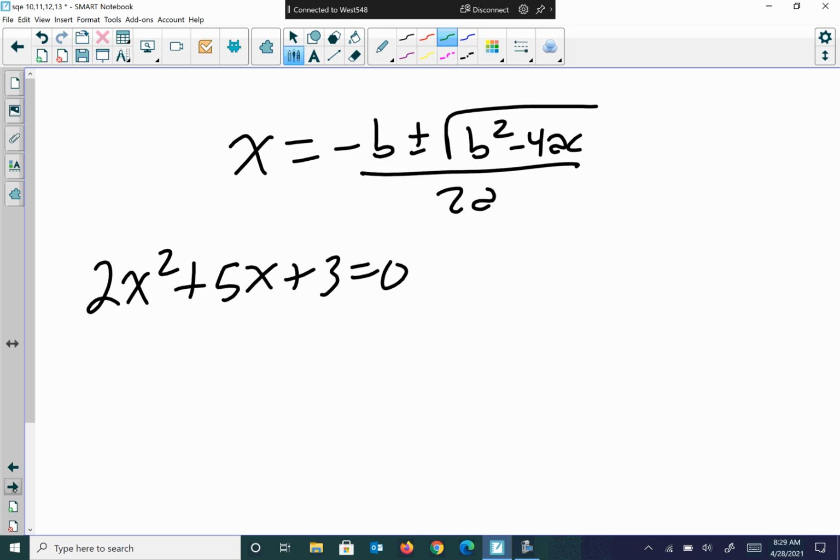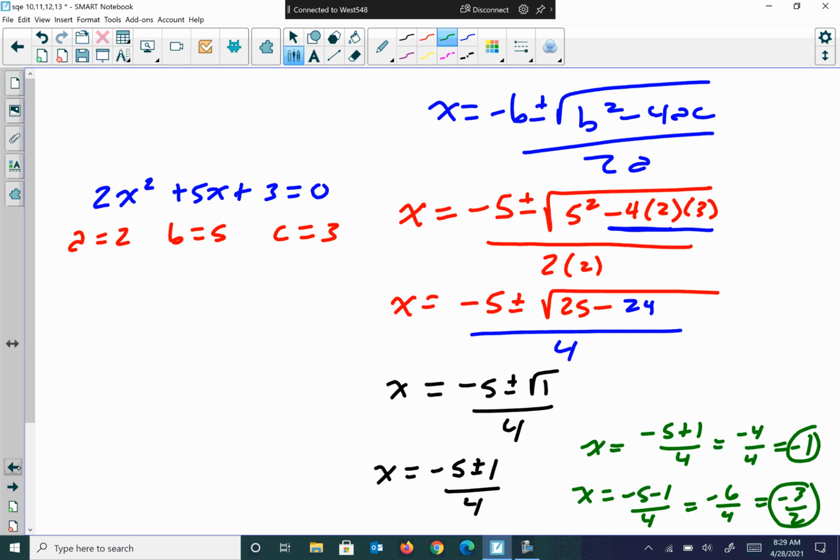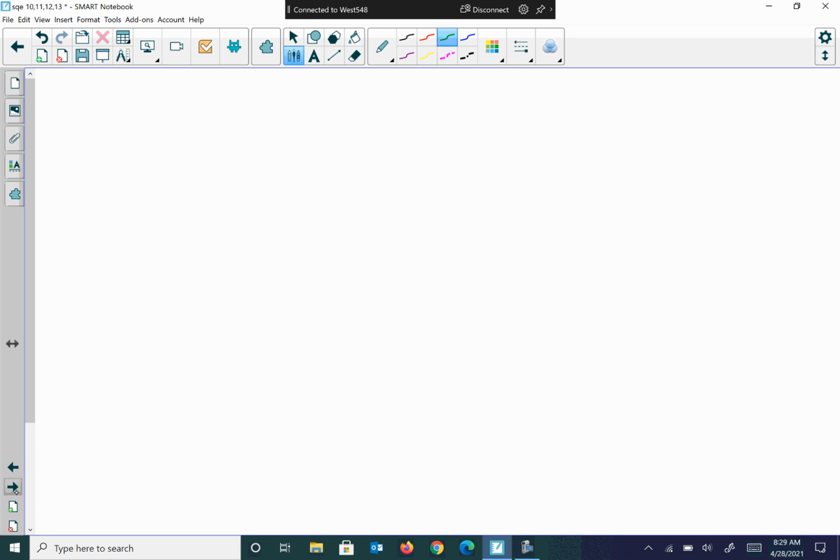All right, so the second problem I wanted us to try was number 5, which is x squared plus 2x minus 13 equals 0.